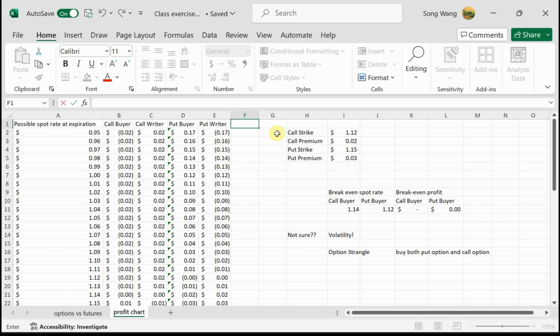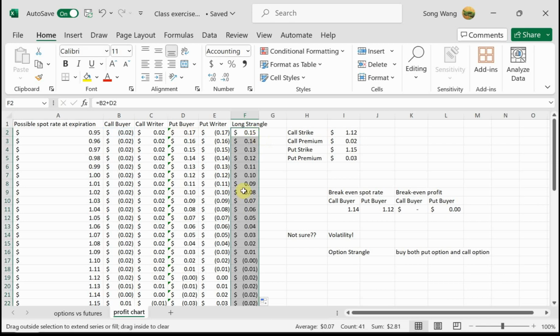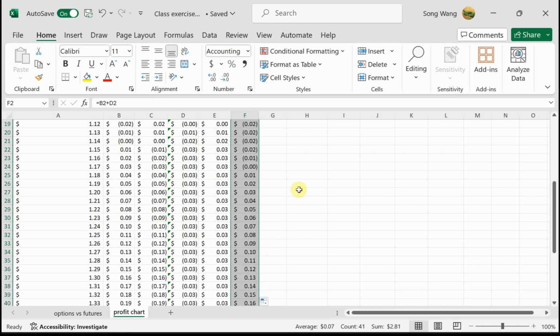This should be long strangle. What you do here is pretty easy: you just add the profit from buying the call option plus the profit from buying the put option. And that's it. No matter whether the price is going up or going down, as long as it goes far enough, you are making a profit.